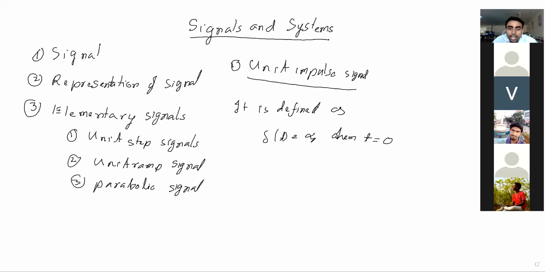We have amplitude of infinity when t equal to 0, and its amplitude would be 0 when t not equal to 0. So this unit impulse signal is represented by del t. This is the functional representation of the unit impulse signal, and now the graphical representation.